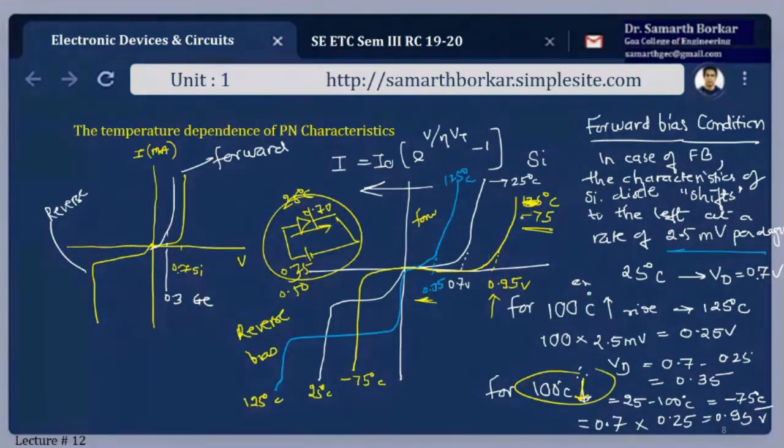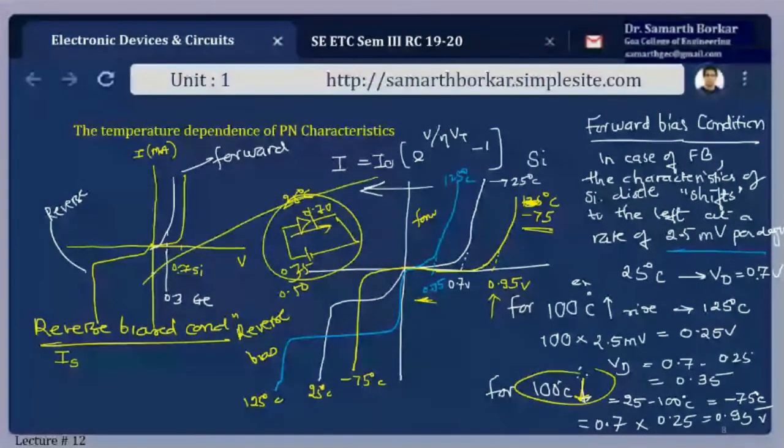Now we'll try to understand what exactly happens for reverse bias condition. In case of reverse bias condition, we write this I naught as IS, the reverse saturation current.